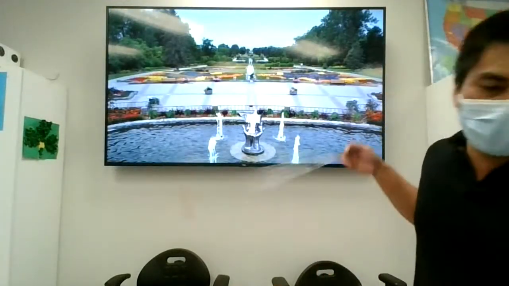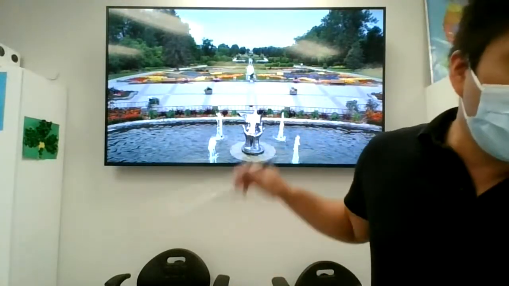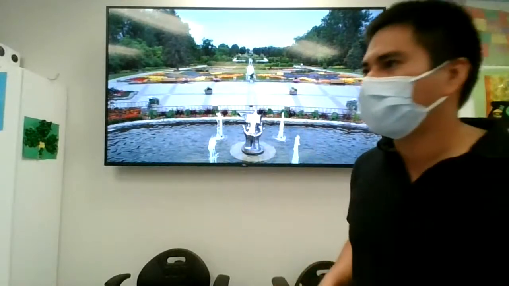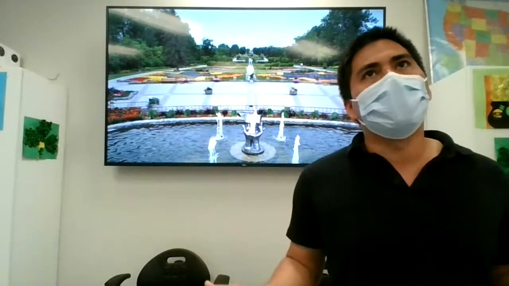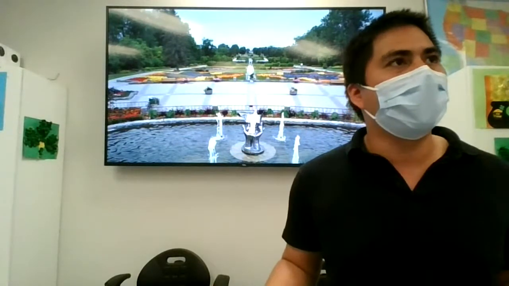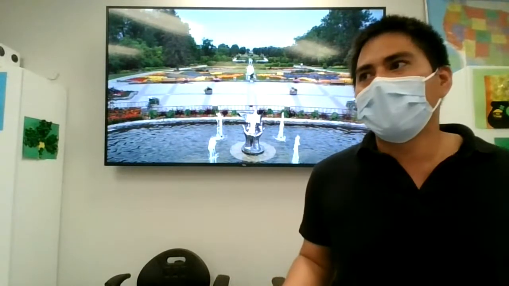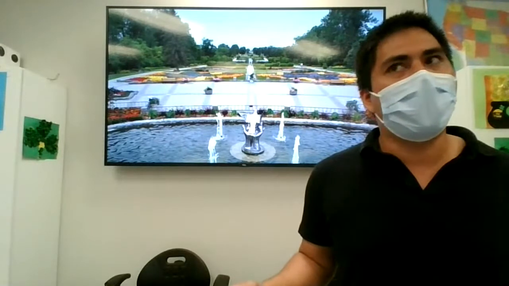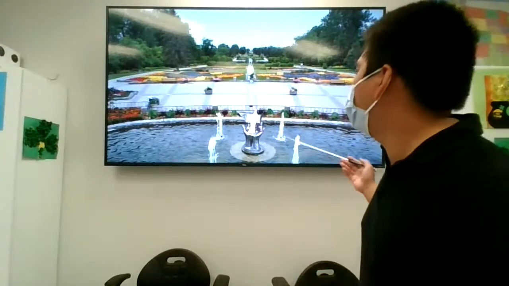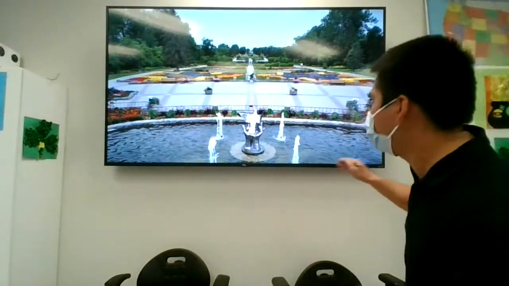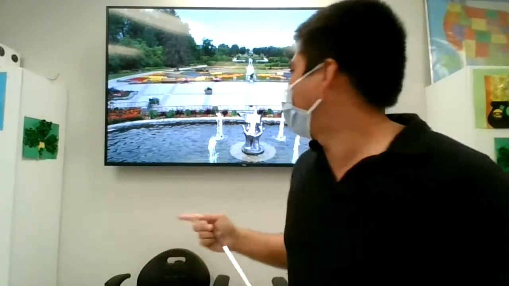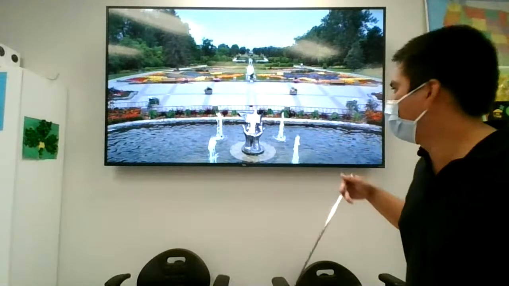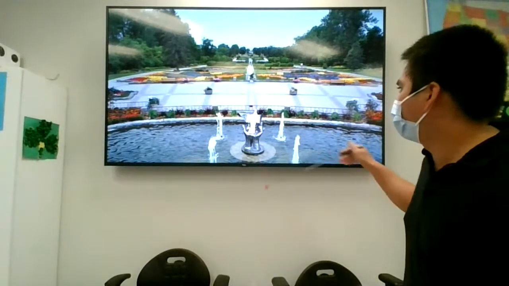So let me introduce you to, what is this called again? The International Peace Garden. It does look peaceful. So North Dakota is bordering Canada. I don't know if you guys know that. A lot of states border Canada, but hardly any of them have what is called a peace garden. There's a silver dove, and there's a dove right here.